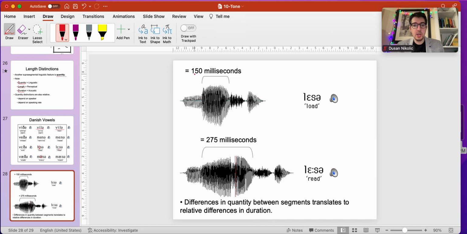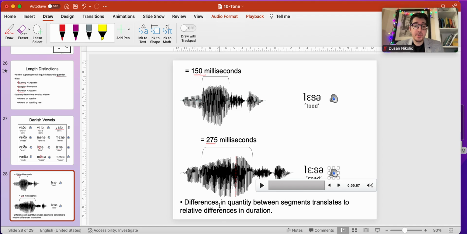So this one is 150 milliseconds and this one is 275 milliseconds. Let's hear them out. Læse, læse, right? So you can clearly hear the difference in duration, or quantity.